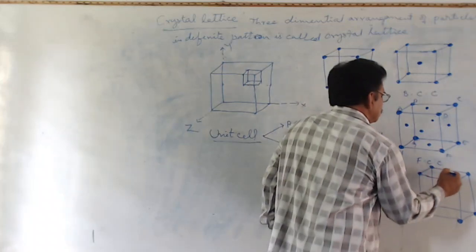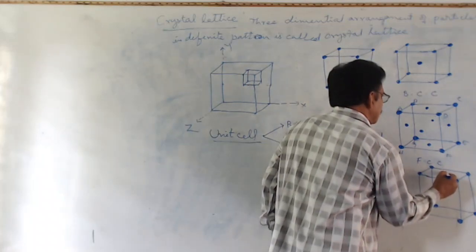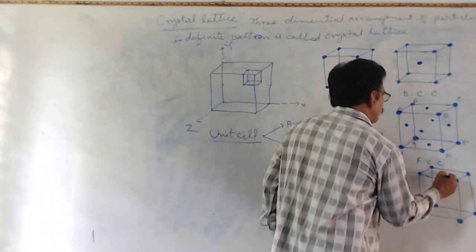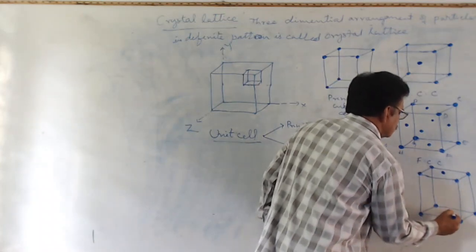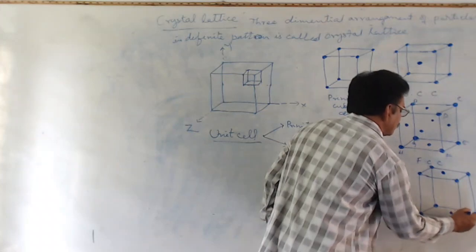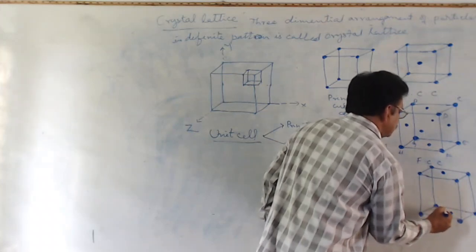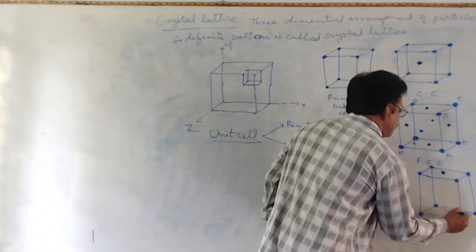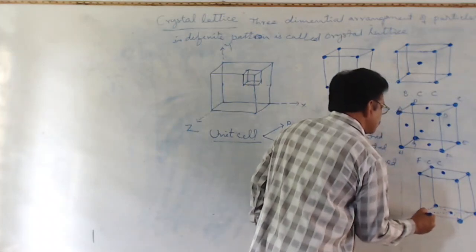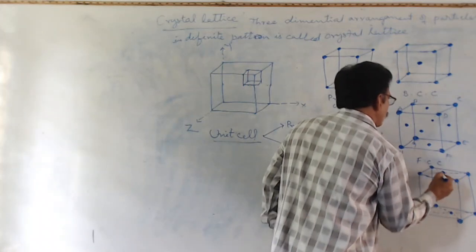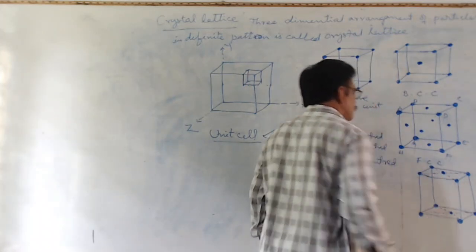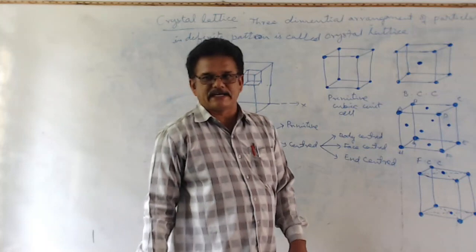Say, in the above face, this is the face-centered point, and in the below face, this is the face-centered point. So only 2 face-centered points are present at opposite faces, along the x-axis or y-axis or z-axis.